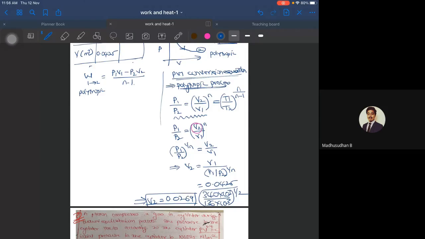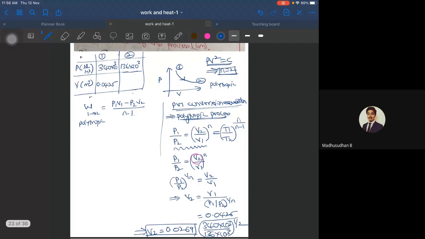Once you have the value, you have to update it back in the state table, so 0.0269 here. You have the value of P1, V1, P2 and V2, and even the value of n.